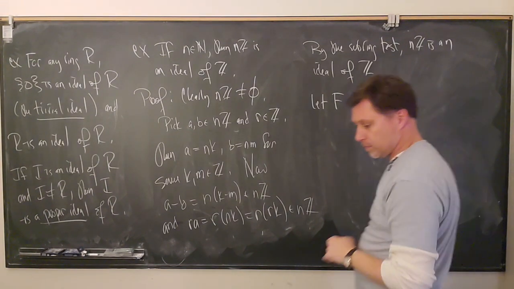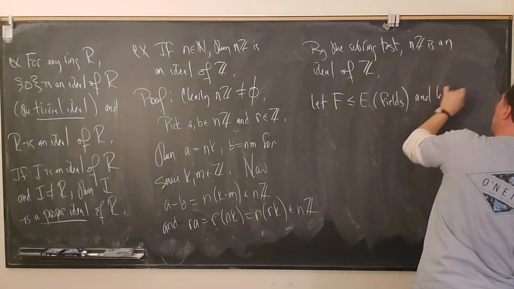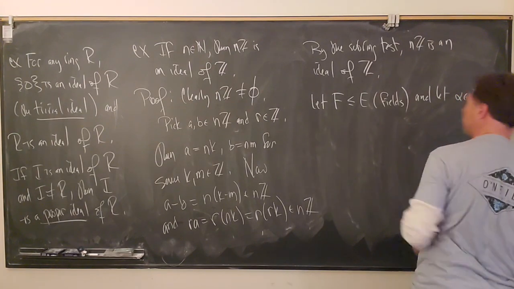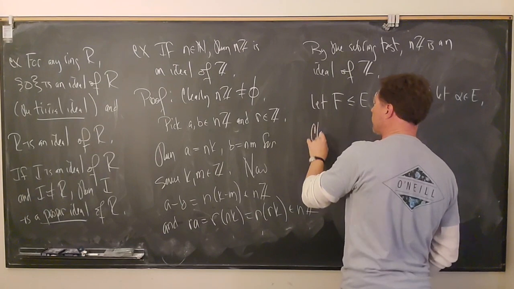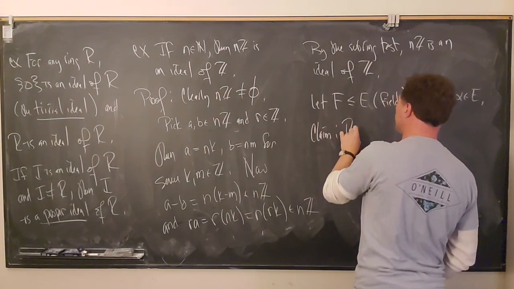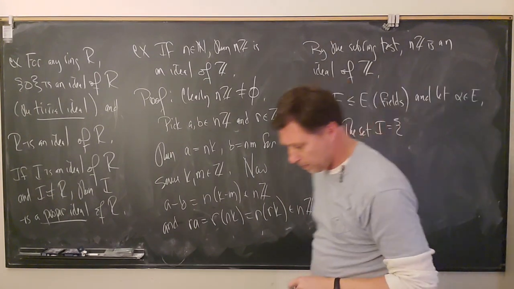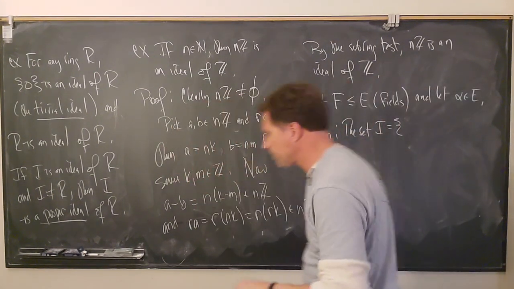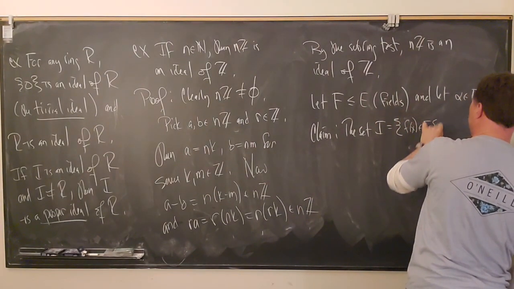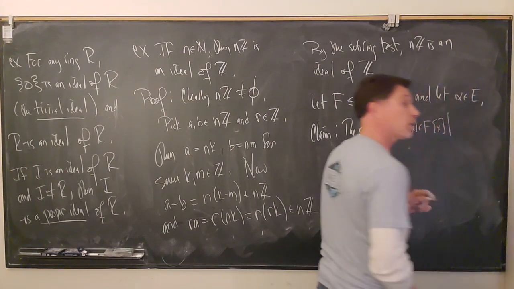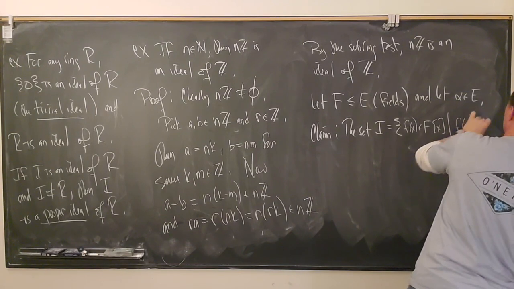And then I need alpha in E. So let alpha be in E. Now what I want to look at, we'll say claim: the set capital I, which is the set of all polynomials f with coefficients in F such that f of alpha equals 0.